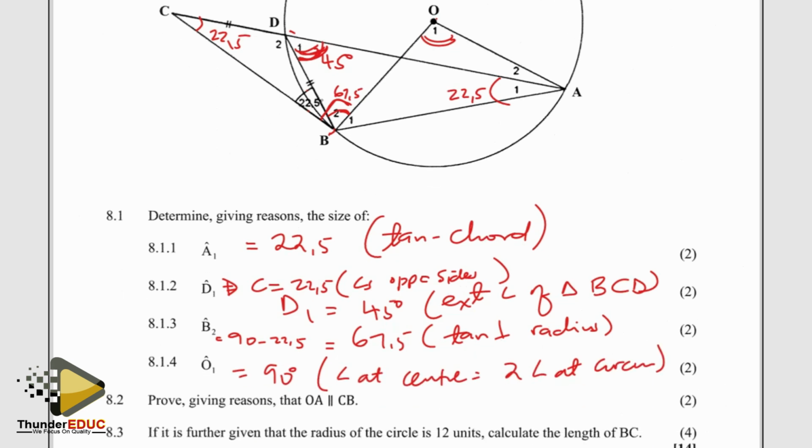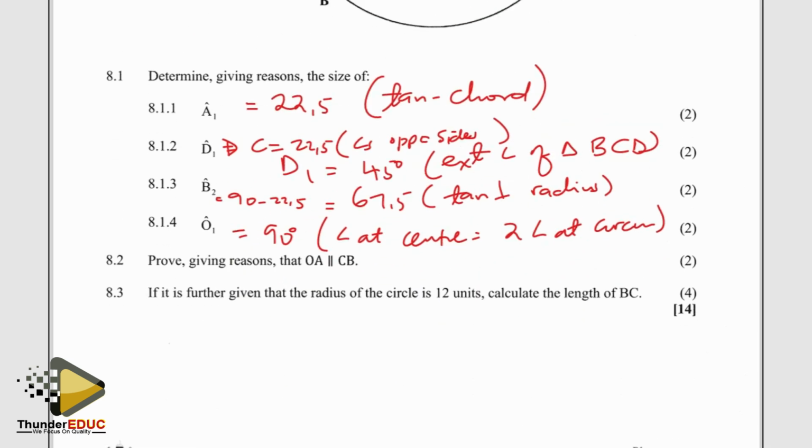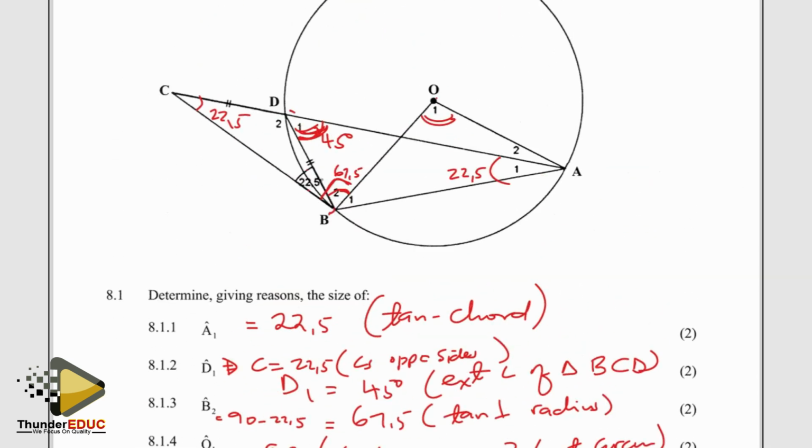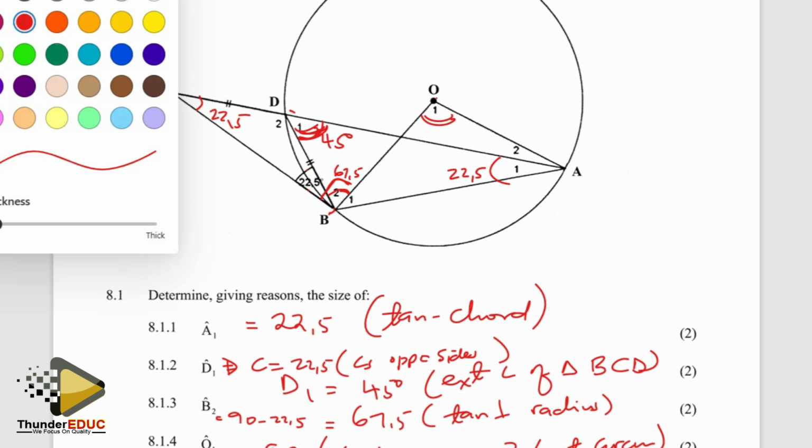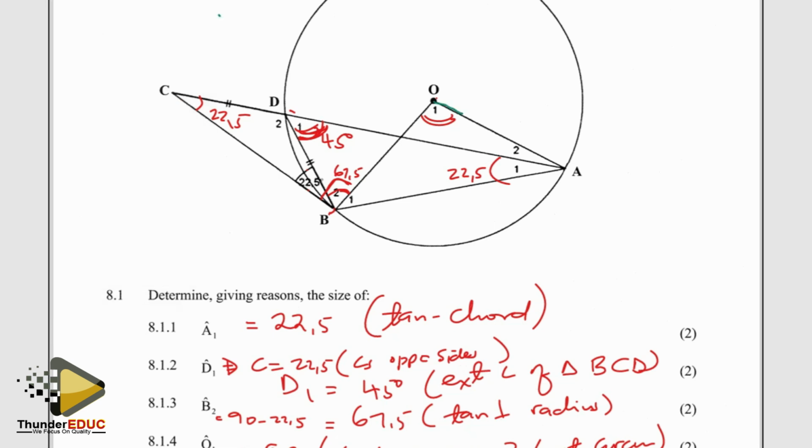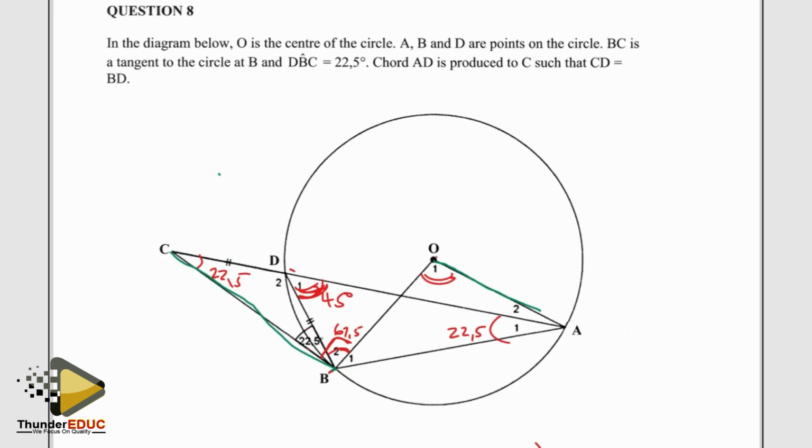All right, then 8.2. Can we prove that OA is parallel to CB? Now, when you're proving parallel lines, you just have to deal with the properties of parallel lines: that's the alternate, corresponding, and co-interior.